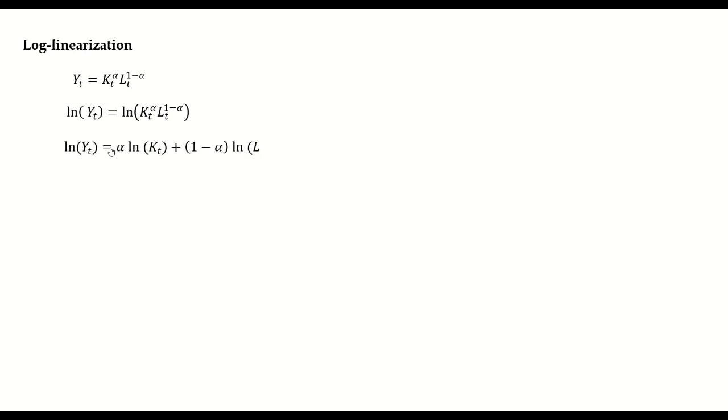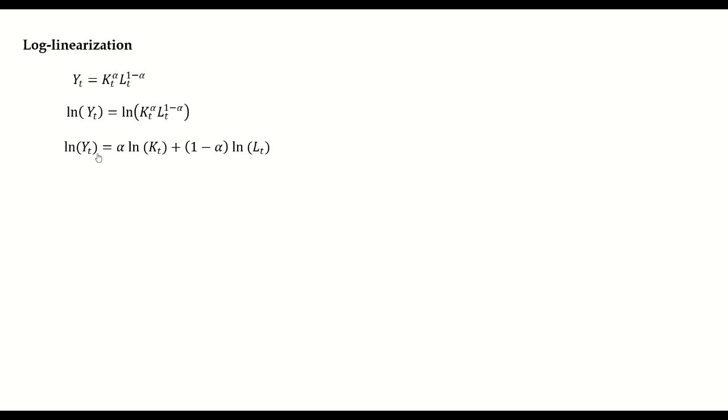The second step is to do the first order Taylor approximation of the different functions. So we have variables yt, kt and lt. We will do the first order Taylor approximation for log of yt, log of kt, log of lt, and then we will substitute those in this equation.